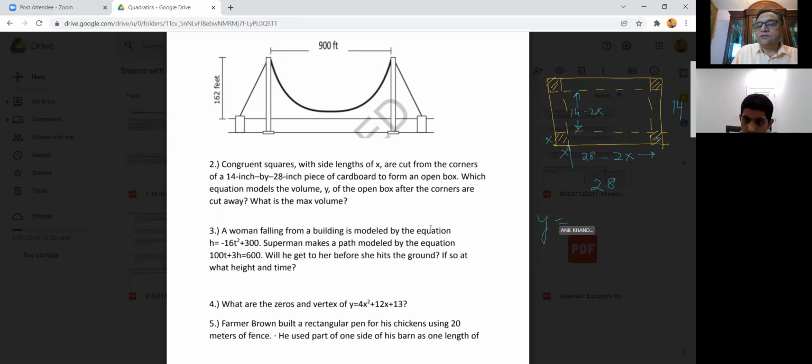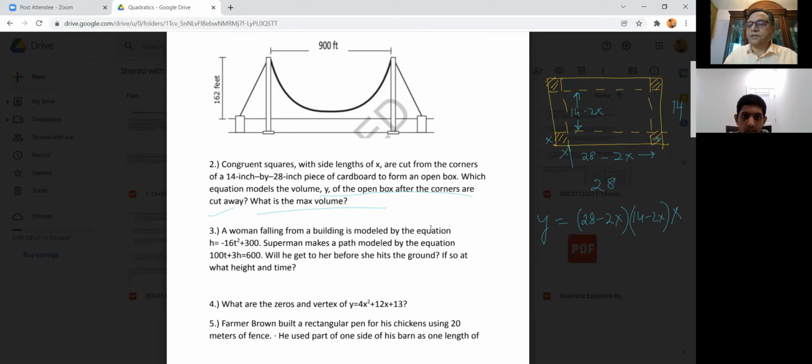Product of length and width of the base, which is 28 minus 2x times 14 minus 2x, times the height, which is x. You see that? So that is y for the open box. Now we have to find the maximum volume. This is what you have to find, correct? You got the equation?